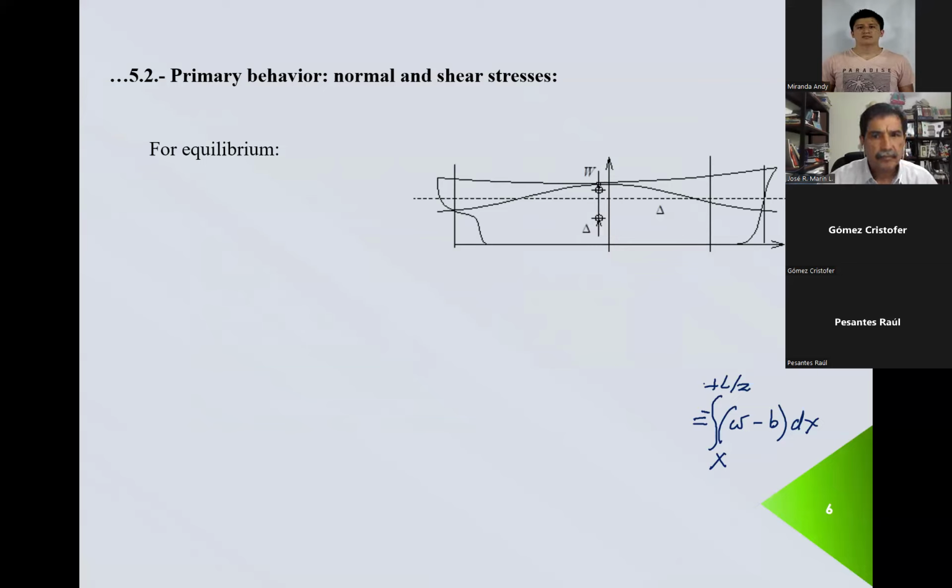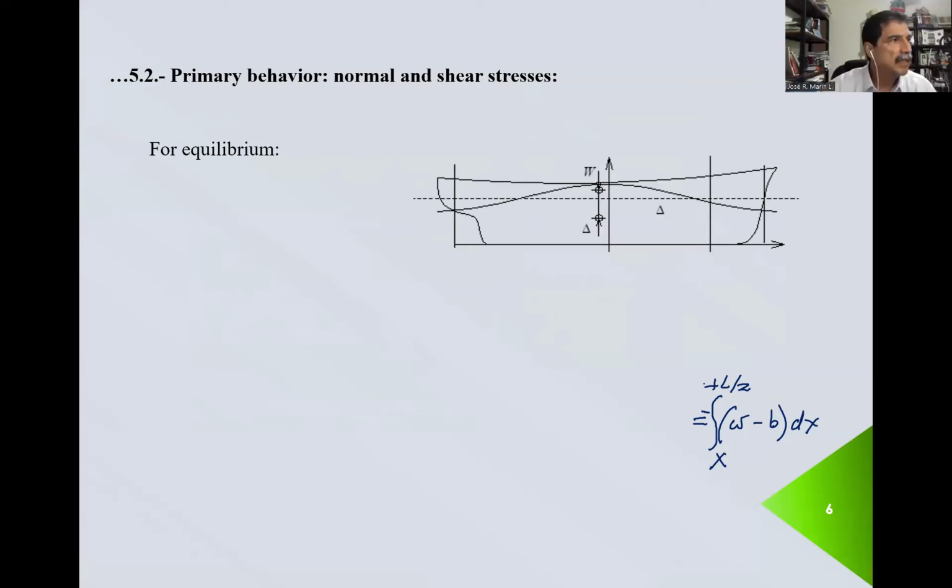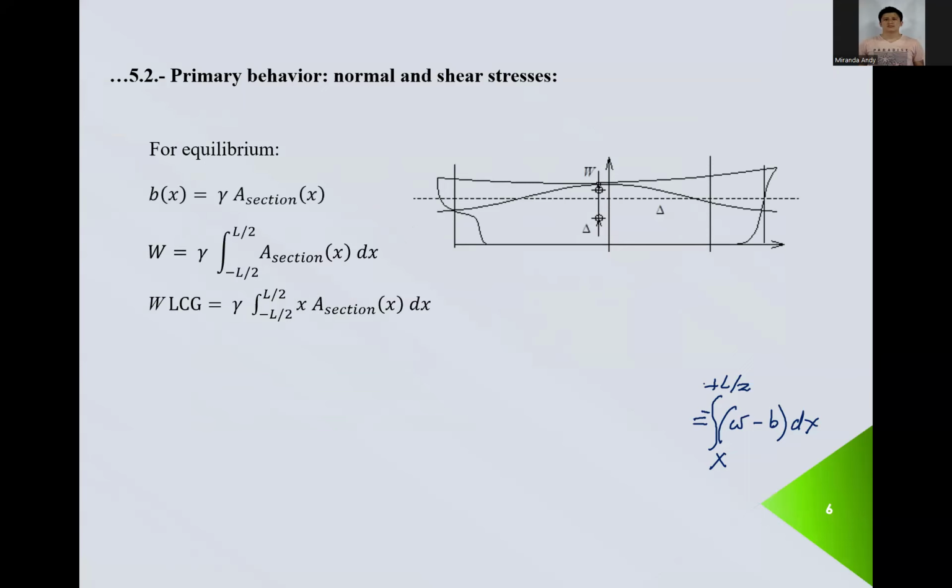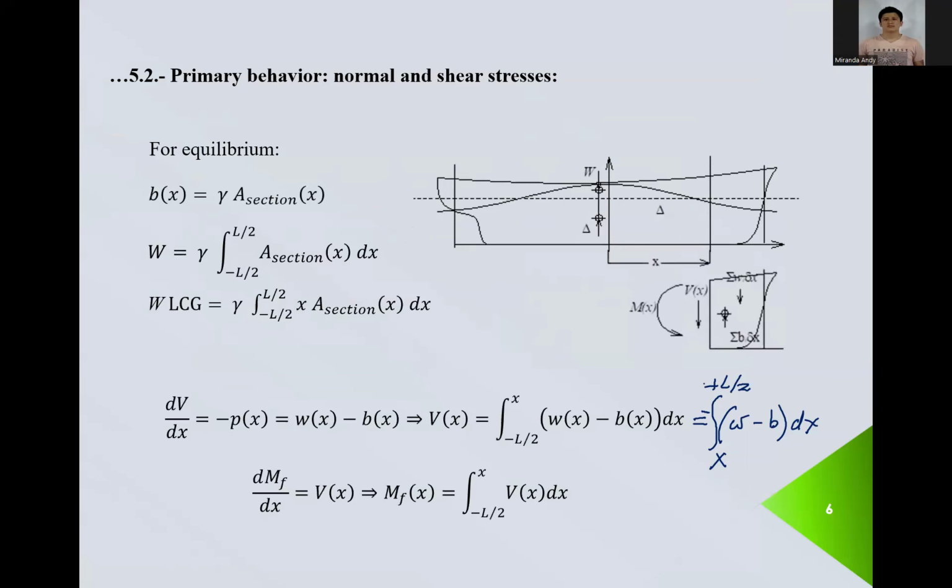So this is what we studied in the last session. We said that we could consider this as a method to analyze the response of the hull beam in waves. It's what we call a quasi-static equilibrium situation.